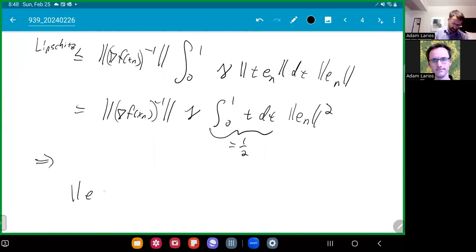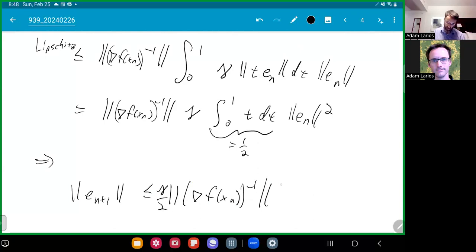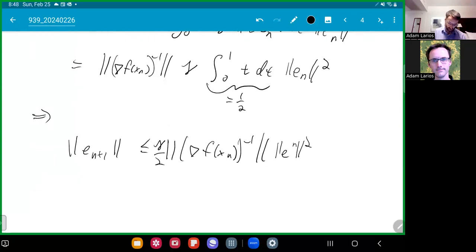So this means that the error at the next step is bounded above by the norm of this particular gradient of f evaluated at xn inverse, times gamma over 2, and all of that times en squared.